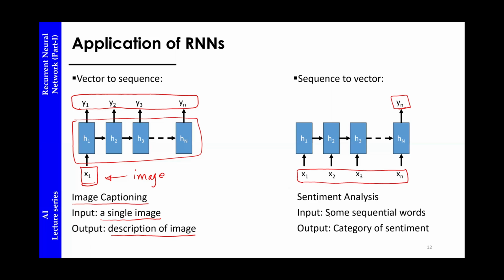As you see, we have some sequential words, a text, introduced to the RNN, and in the output, we have a category of sentiment. For example, happy, not happy, or some other options.